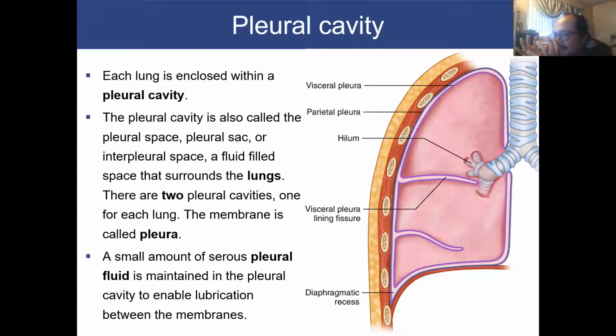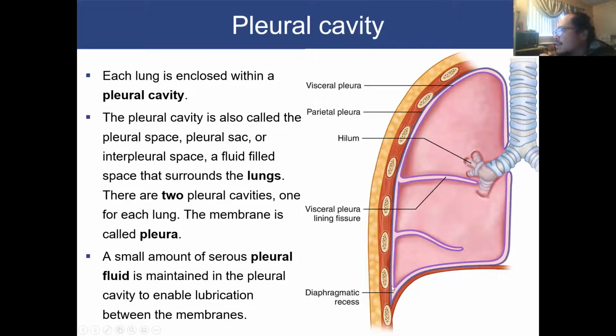Expand and shrink, expand, reduce, all the time. So these two membranes are pushed against each other all the time, so there is a need to have this lubricating fluid inside this space.